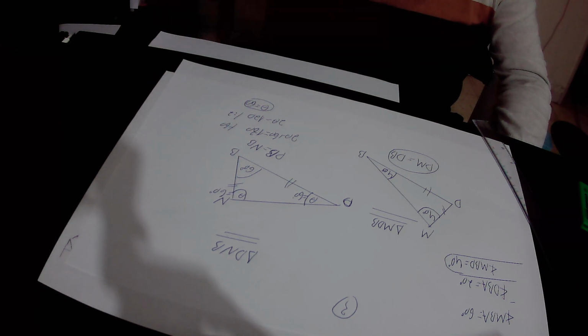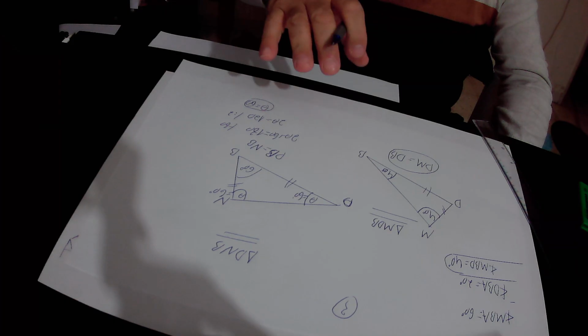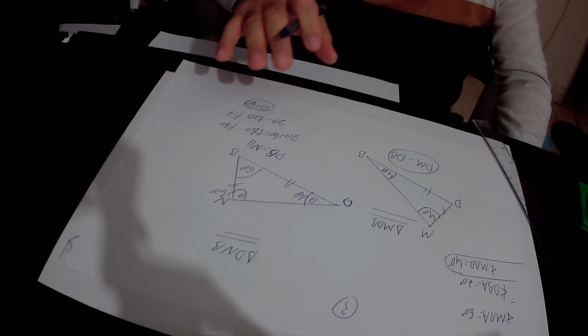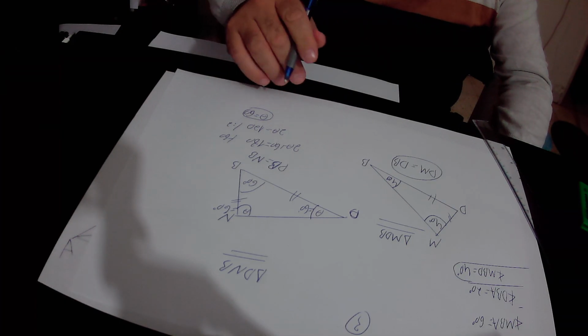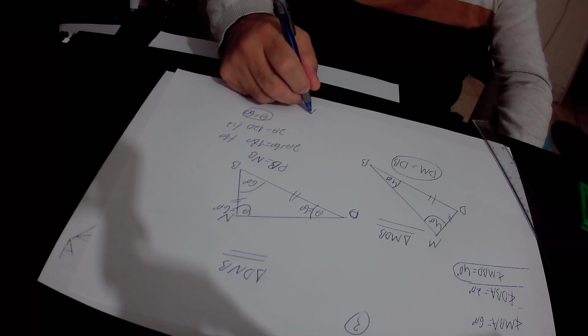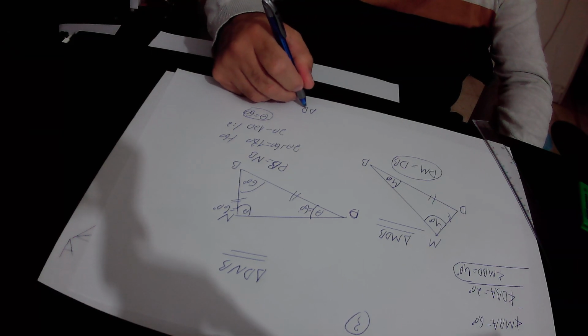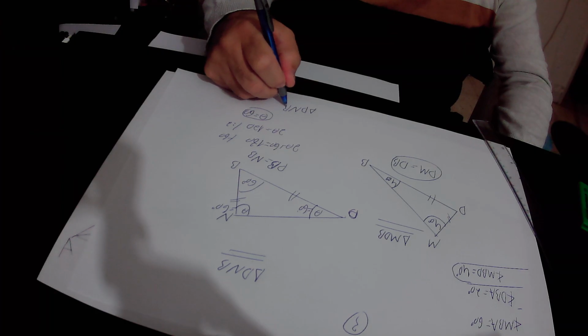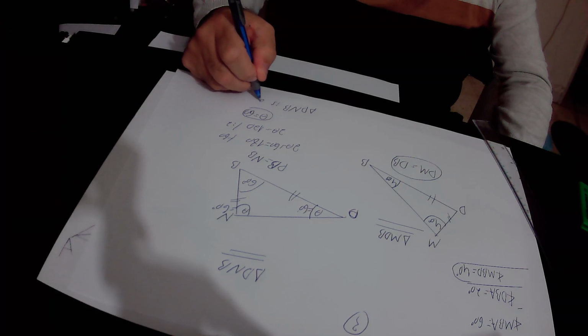We found out that inside triangle DNB, all the angles are equal to 60 degrees, therefore triangle DNB is an equilateral triangle. So I write it down: triangle DNB is an equilateral triangle.